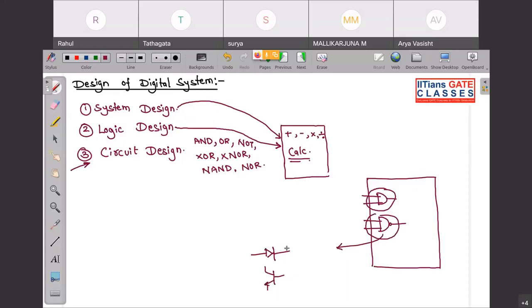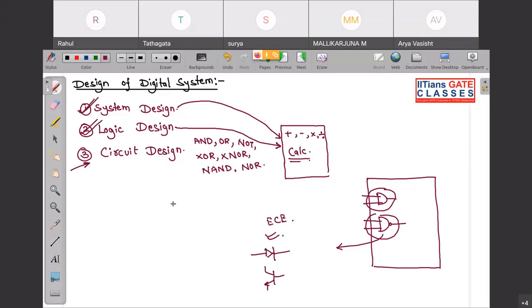Those elements we are going to use to design the internal logic circuits. ECE people are going to see this. Electrical also, but computer science people, you only need to see system design and logic design. No circuit design for computer science people.